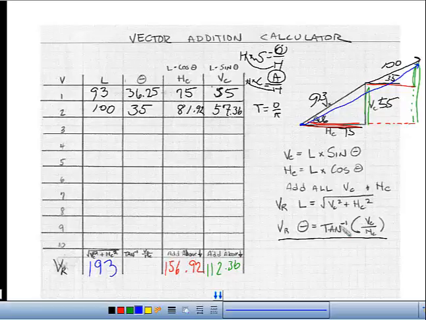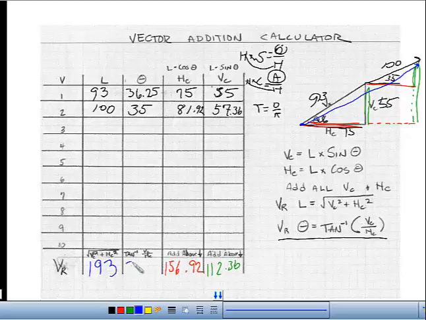And then the angle, this new phase angle, if we're looking at the not quite to scale model diagram I made, it should be apparent that it's not going to be 36, but it ought to be more than 35. So we should have a phase angle between 36.25 and 35. Why don't we run a quick second tangent? That's our arctangent of the opposite, which is 112.36 divided by 156.92, and we come up with about 35.6.